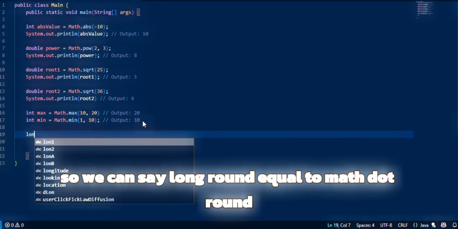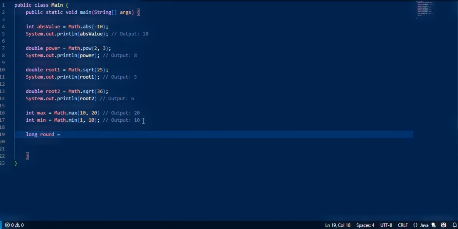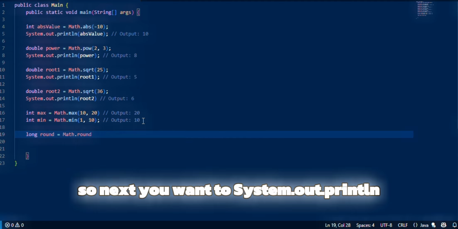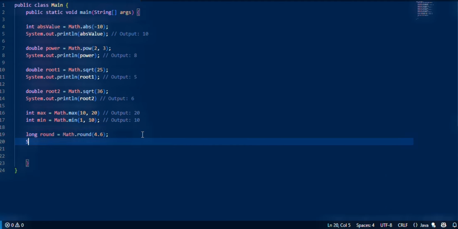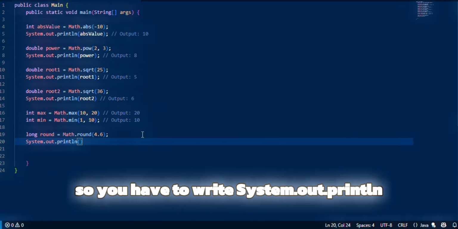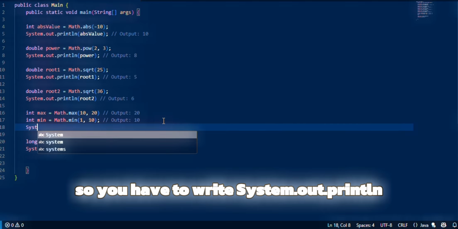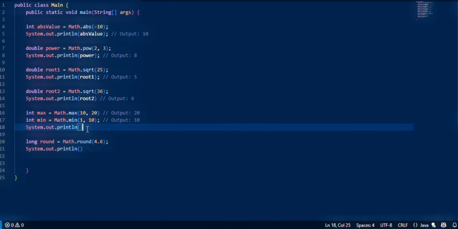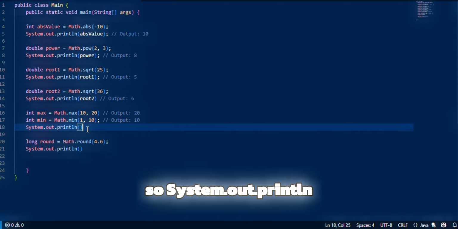We can say long round equals Math.round, and let's say we have a number like 4.6. I actually forgot to use System.out.println for the max and min, so my bad. You have to write System.out.println in order for the console to show the information.